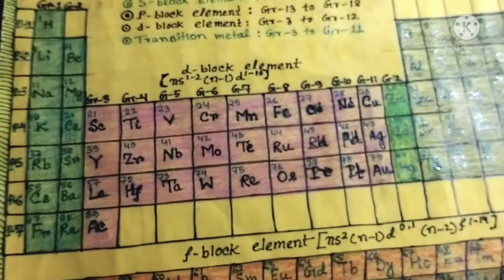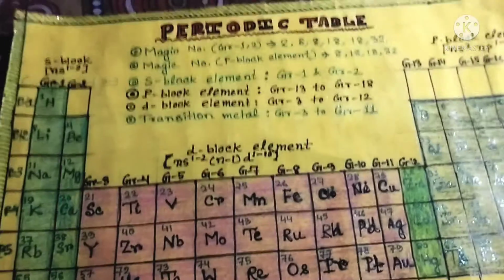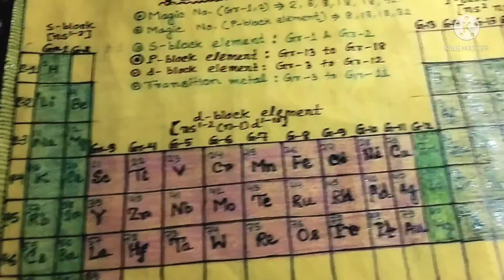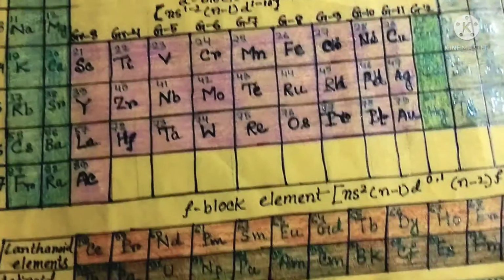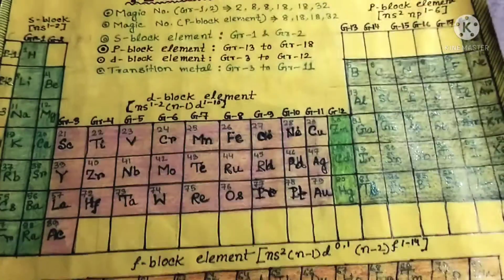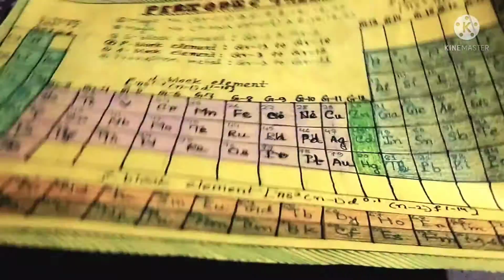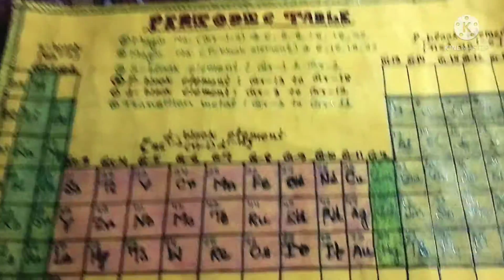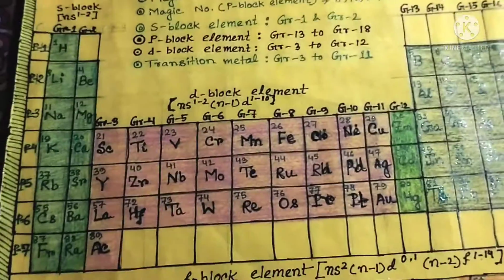So students, I think you all understand the modern periodic table, and you can easily make it in your exercise book. This periodic table, this flowchart, is made by me. Thank you.